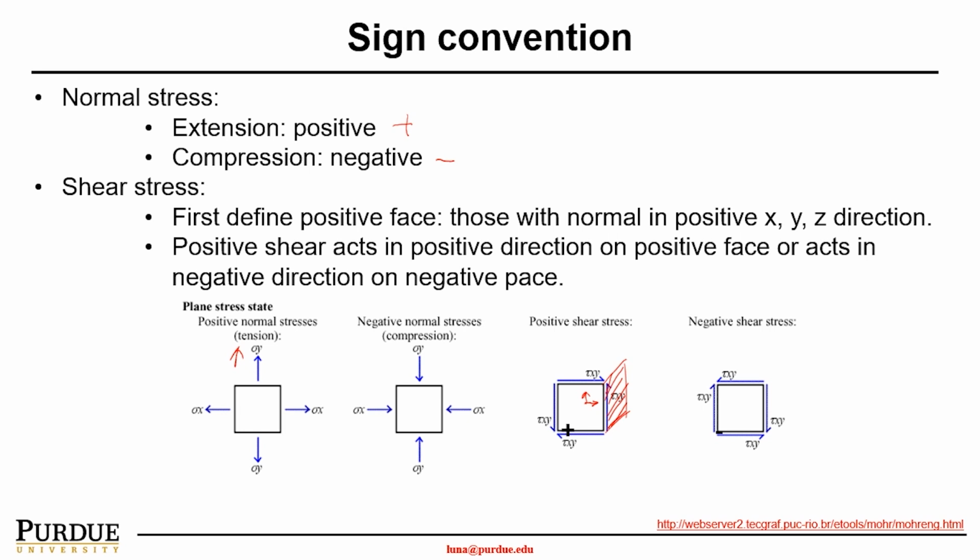Vice versa, the negative shear stress will be on the negative X, going in this direction, that will be negative, and then the Y is going downwards. So the positive shear acts in the positive direction on the positive face, or in the negative direction on the negative face. So we have two things: the direction and the face.